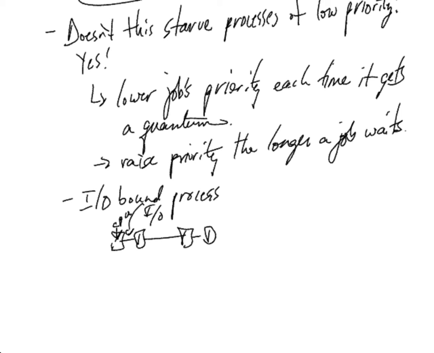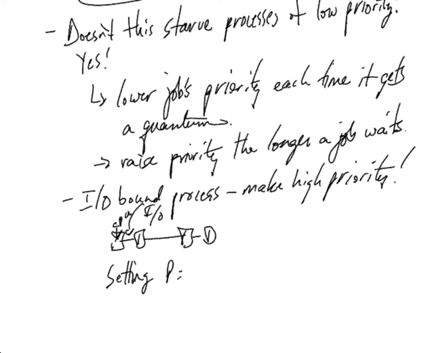We want to make these high priority so that they run often, but not for very long. And we can do that by setting the priority equal to 1 over f, where f is the fraction of the time used in the last quantum.